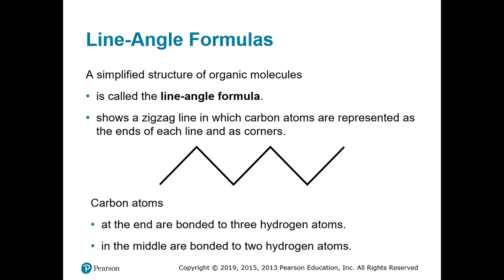There's another way of drawing these hydrocarbons, which is known as the line angle formula. It is a zigzag way of drawing a line depending on the number of carbons you have in your compound. For carbon atoms at the ends, they have 3 hydrogen atoms, and the ones in the middle are bonded to 2 hydrogen atoms.